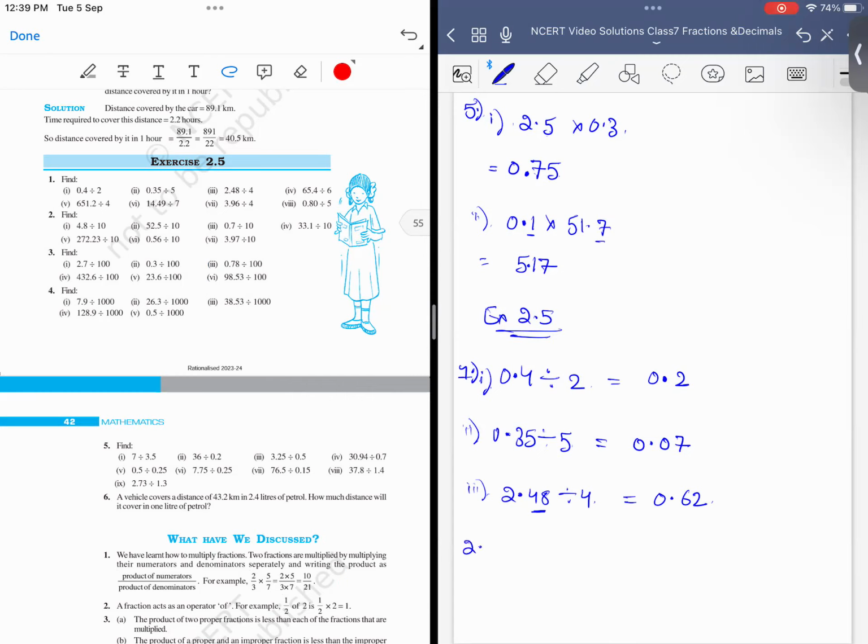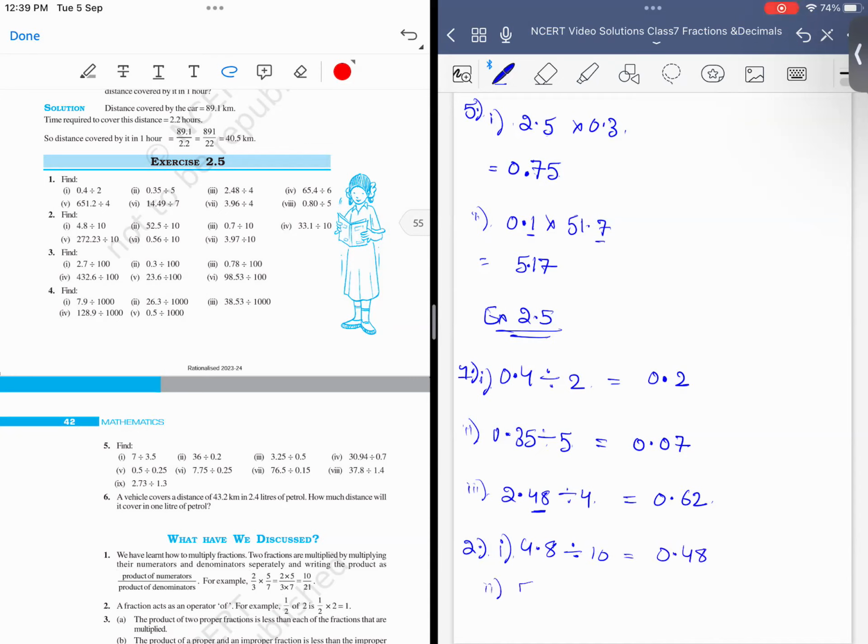The concept is this. Now, the second one. Here the decimal numbers are divided by 10. In division, the decimal point shifts towards left, and in multiplication, the decimal shifts towards right. Since it is division, 4.8 divided by 10 will have the decimal shift one place towards left, that will be 0.48.